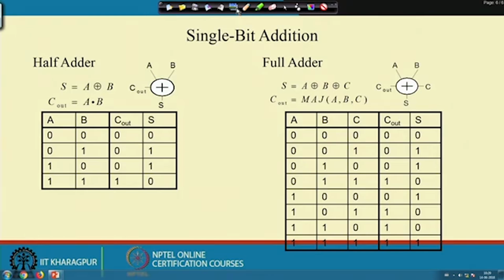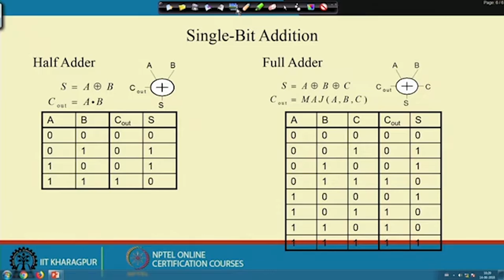Here we are considering only two bits, A and B, which give me the sum and C out. Now, consider a full adder circuit.